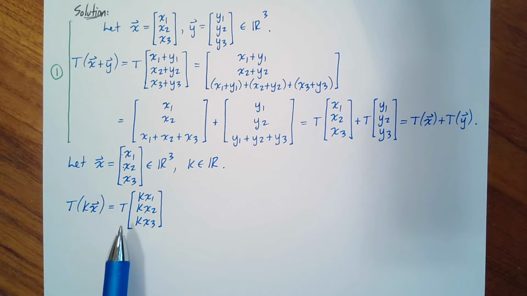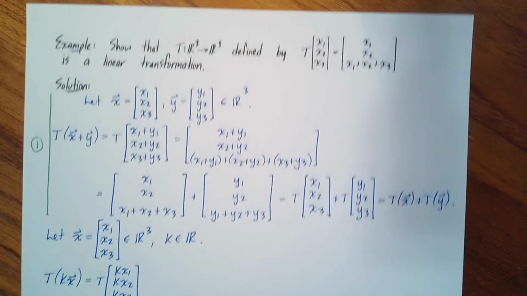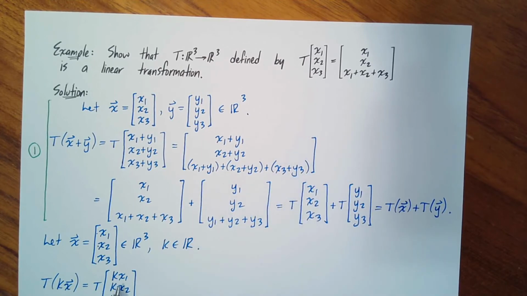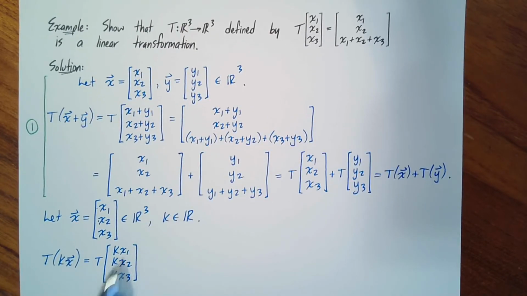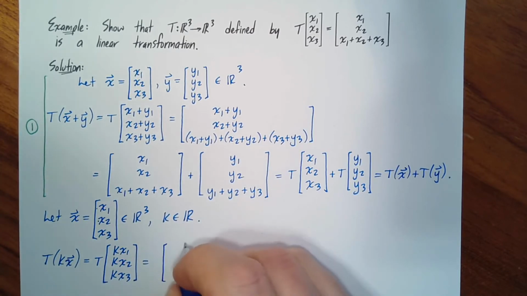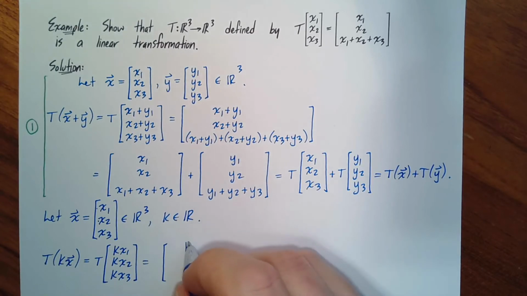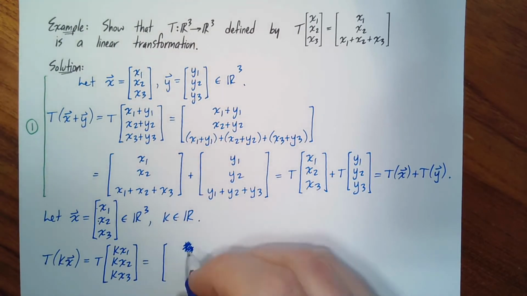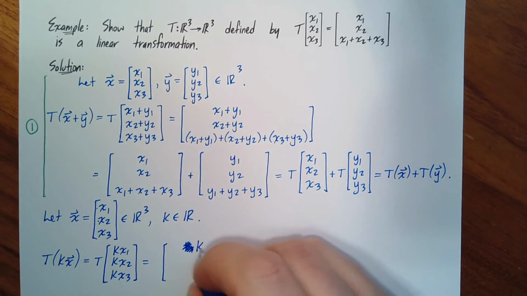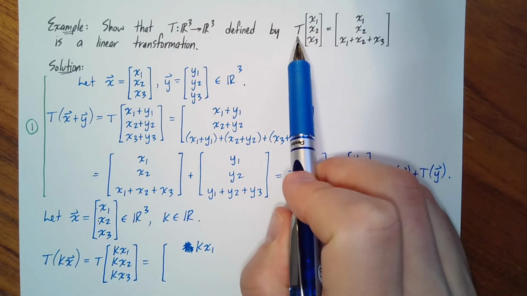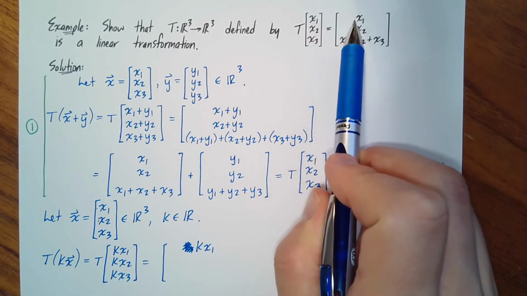Well, now we're going to apply the definition of t, right? T will use this rule. So the first two coordinates are going to be unchanged. So we're going to have k times x1. That's what I meant to say, because the first coordinate gets copied over directly, just like here, right? In the definition of t, the first coordinate x1 just gets copied over directly.